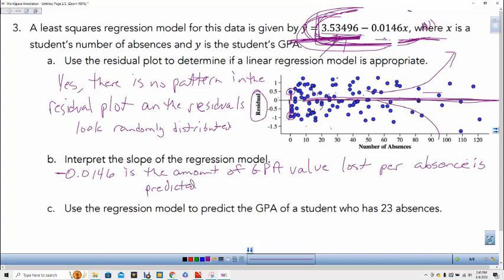All right, so 0.0146 is the amount of GPA value lost per absence that is predicted. I should put that in there. That is predicted by the equation, or by the regression equation.